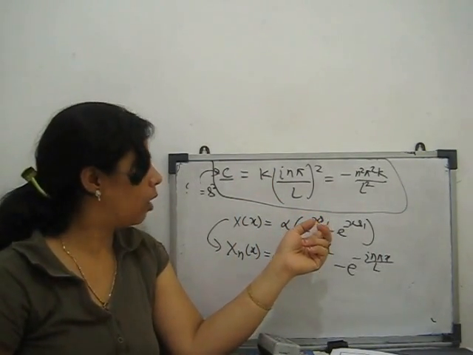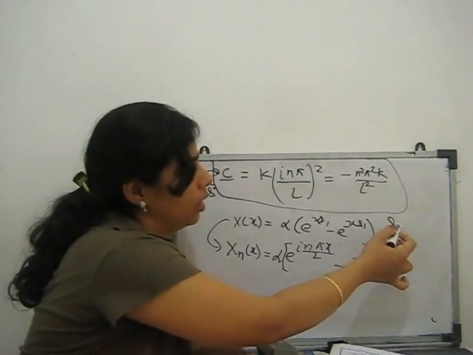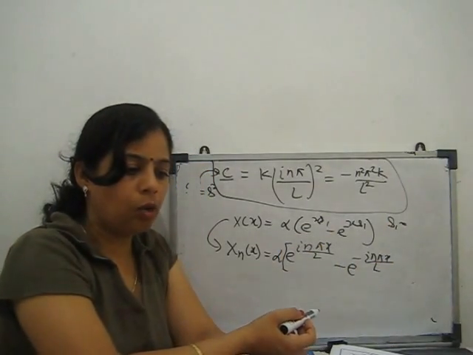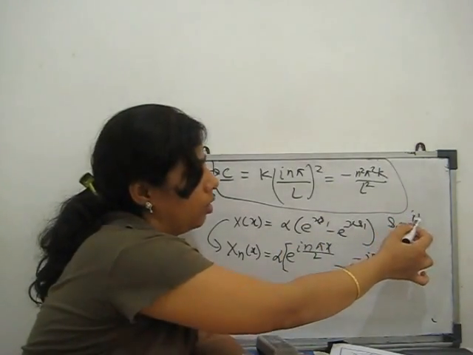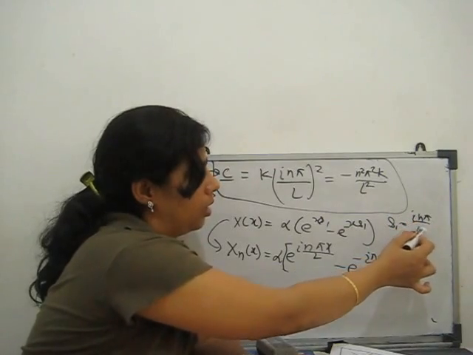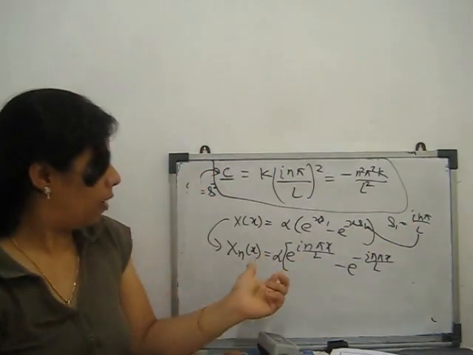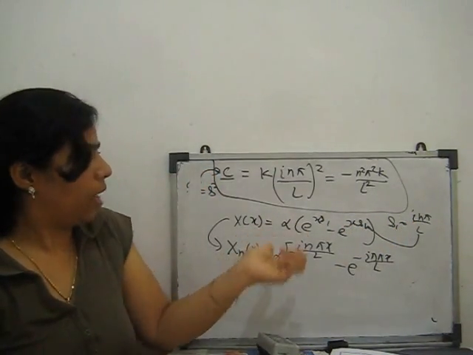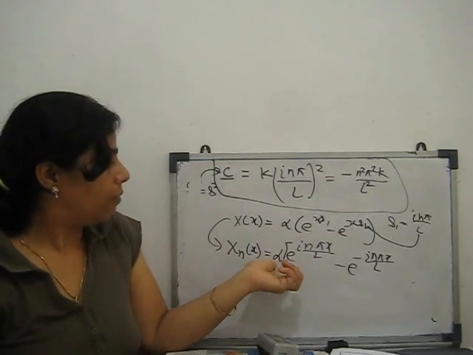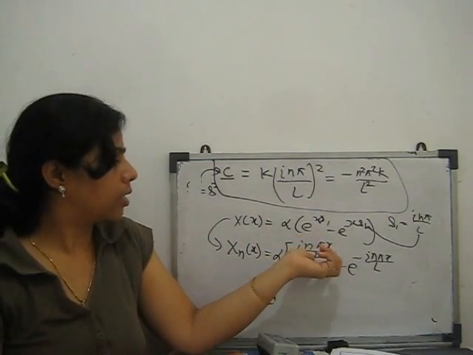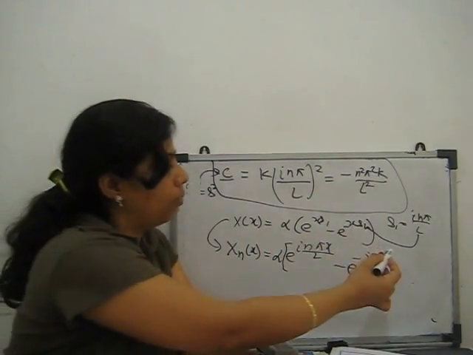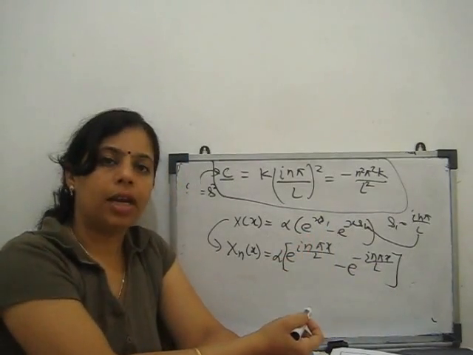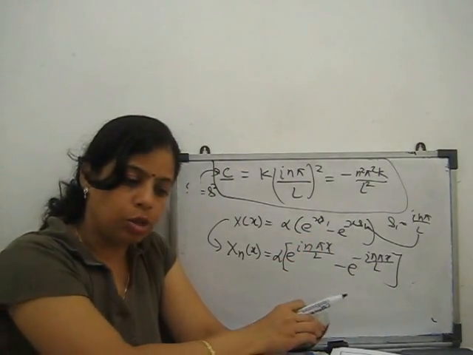Previously we found S1 is iota n pi by L. Substituting here, our X_n in nth form is alpha e to the power iota n pi x by L minus e to the power minus iota n pi x by L, where n is not equal to 0.